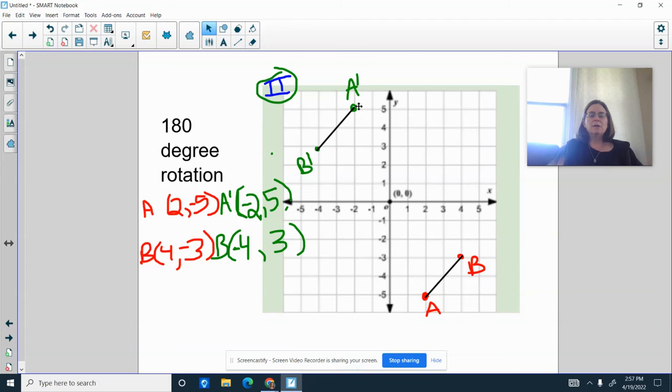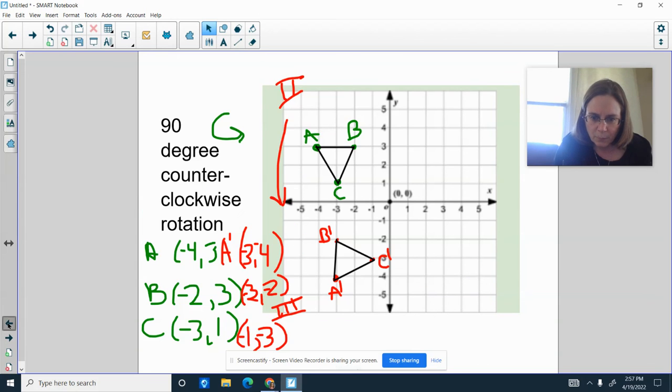So to sum it up, with a 90-degree clockwise or counterclockwise rotation, you flip-flop the numbers, but the signs have to match whatever quadrant the numbers are in. With 180 degrees, you do not flip-flop the numbers, but you have to change the signs according to the quadrants. I'm going to show you one more thing while I'm thinking of it.